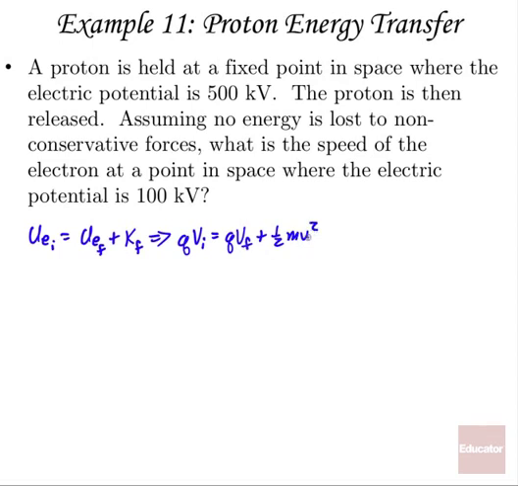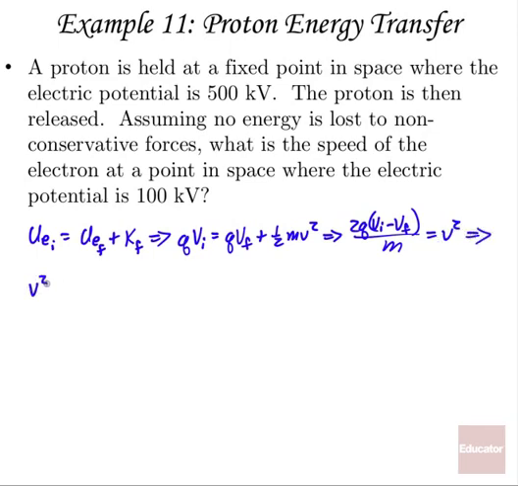So as I start solving to get v squared all by itself, v squared is going to be equal to 2 times Q, VI minus VF, divided by m.